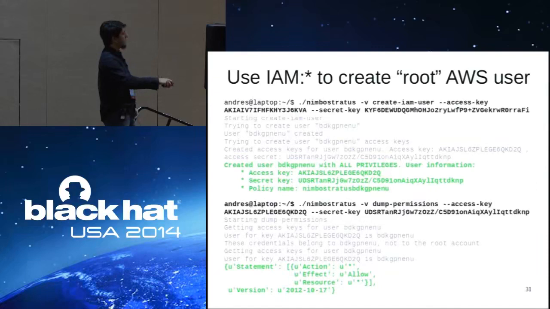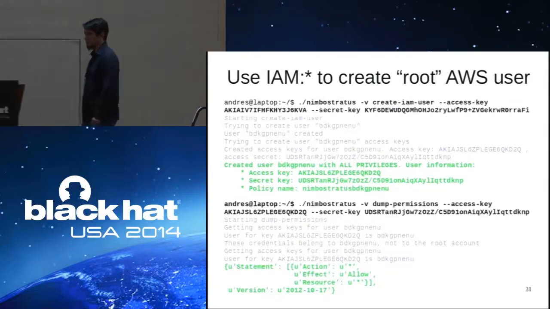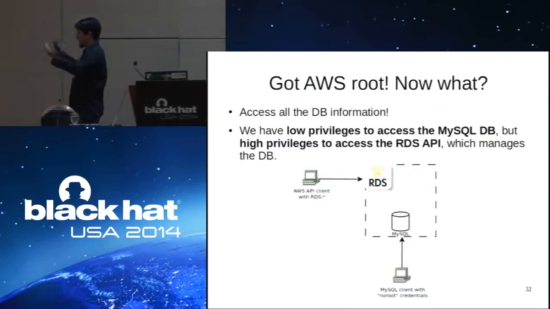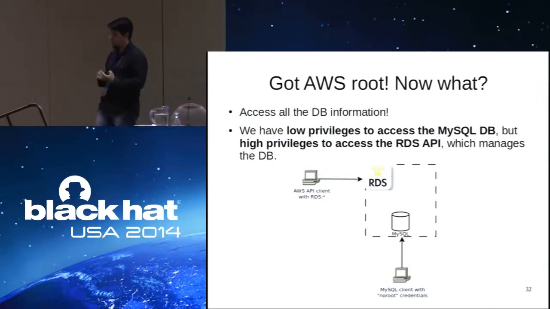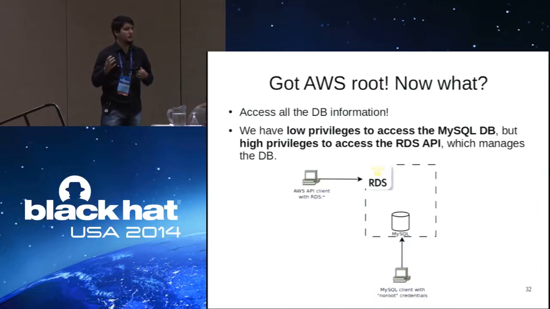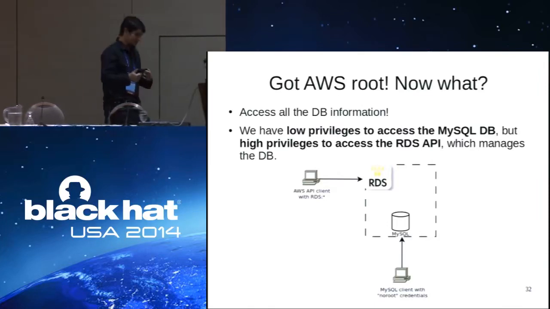Just to verify, I dumped the permissions for the new access keys and secret keys, and it says that yes, you have everything. You can do whatever you want. So I got root in that Amazon cloud. That was great. And I thought, what else? I was able to get access to the source code of the front-end web application.